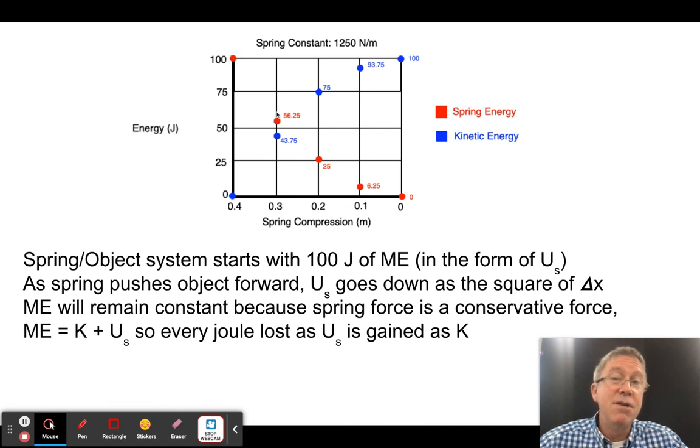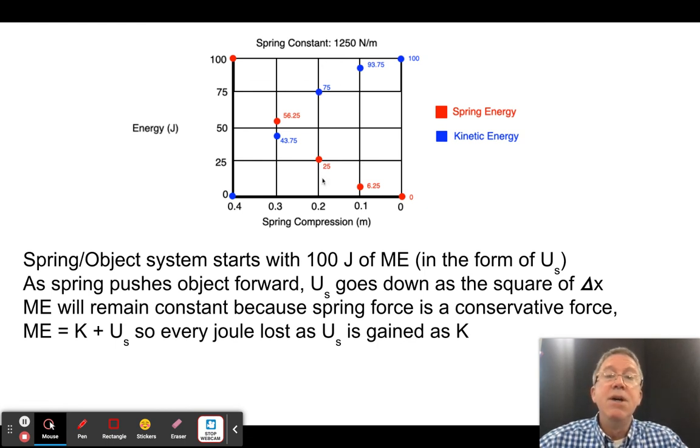So in this case, I had 100 joules, so I have 56.25 joules. This kinetic energy plus this has to add to 100, unless an external force is being done by, say, friction. That's going to be true. So when the spring energy drops to 25, the kinetic energy must go up to 75, because 75 plus 25 equals 100.